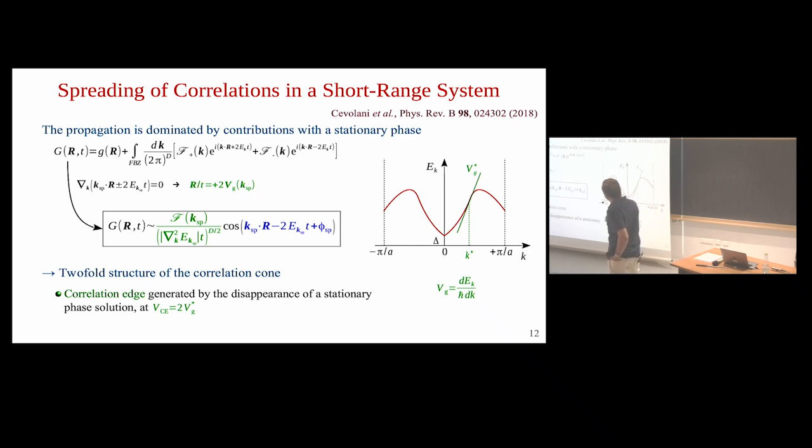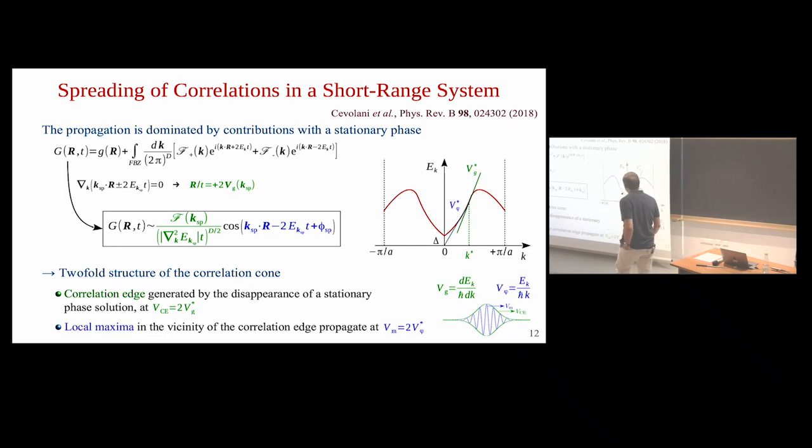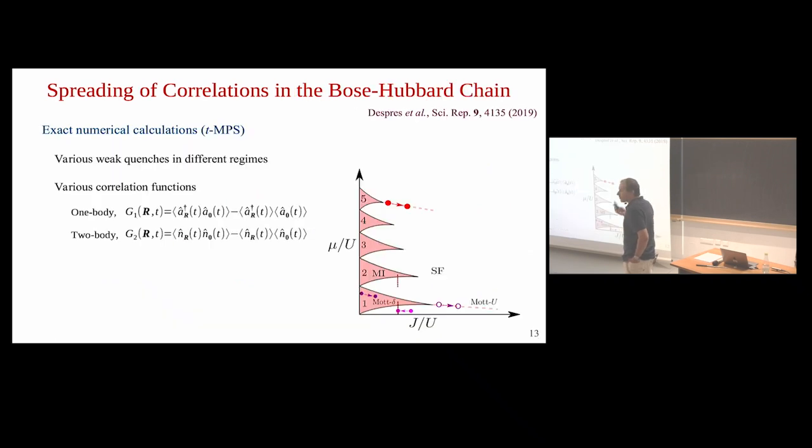And this gives rise to an oscillation. And this oscillation propagates at the velocity, which is the phase velocity of my quasi-particles. So again, twice the phase velocity at the maximum of the group velocity. So this gives me a twofold behavior of my cone. So this is the theory.